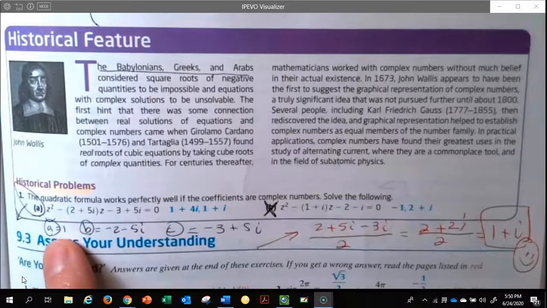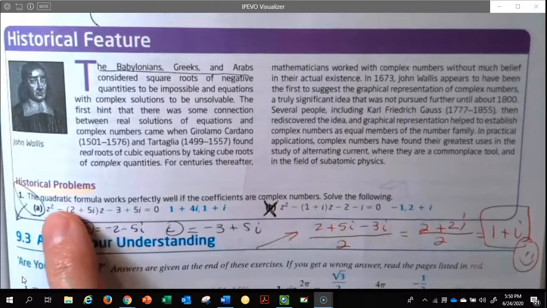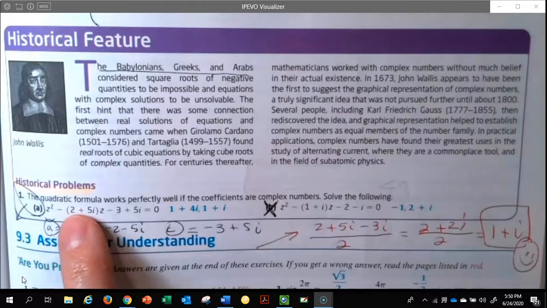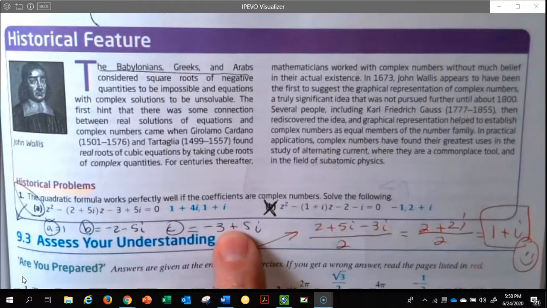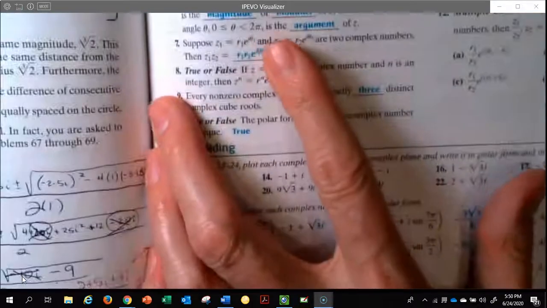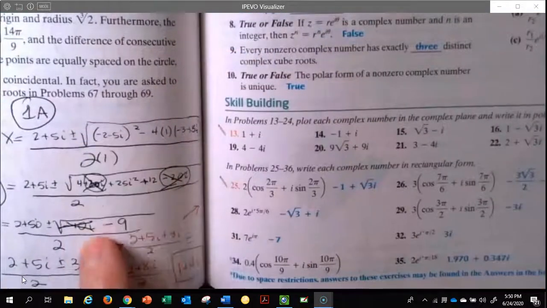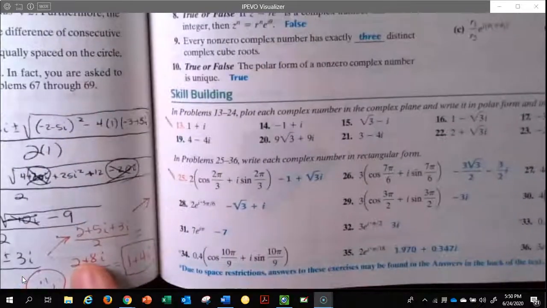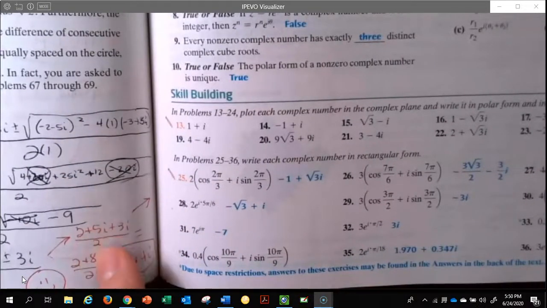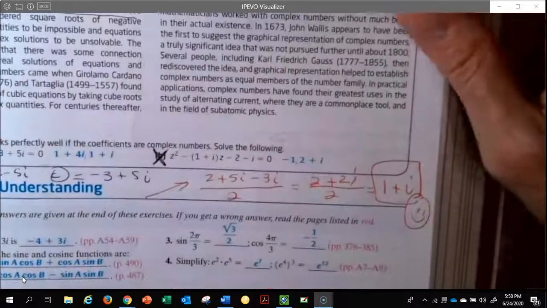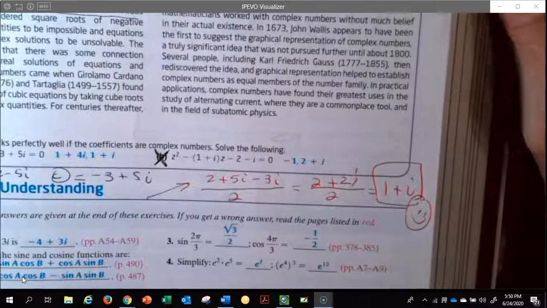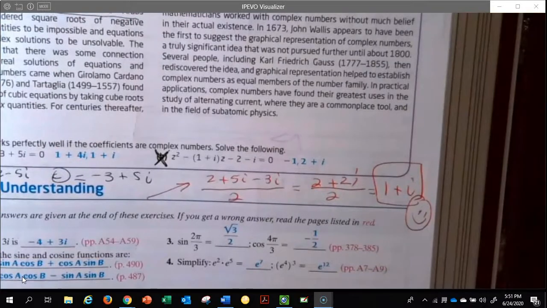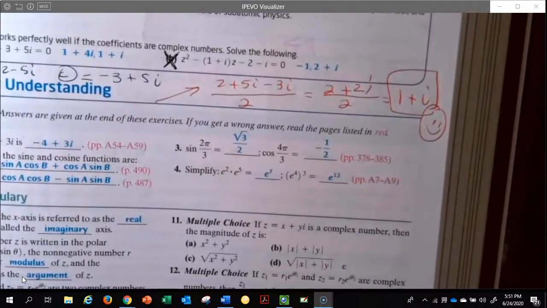If you let your a be 1, your b be this, distribute the negative, and your c be all of this in the back, it's pretty cool to work through using the quadratic formula. And when you get to the end, you know how it's got the plus or minus? Do one answer to get the plus, and do another answer to get the minus. I've got a smiley face because I really think that's cool to work out. This finishes all of our information on section 9.3.